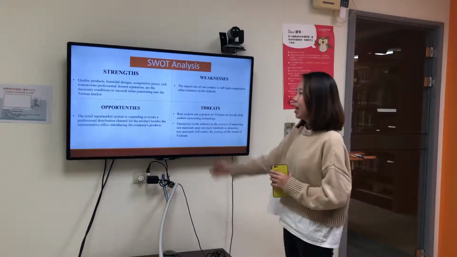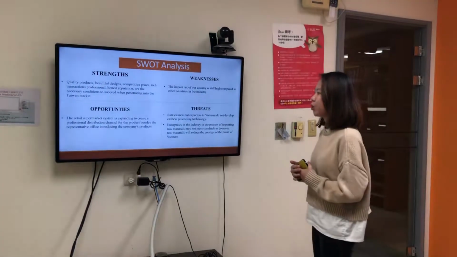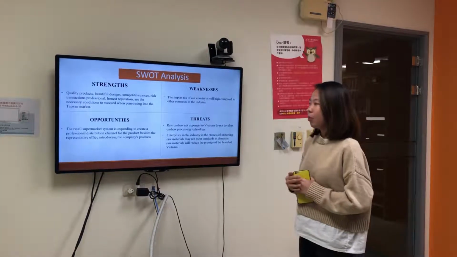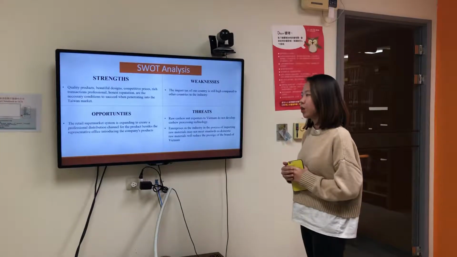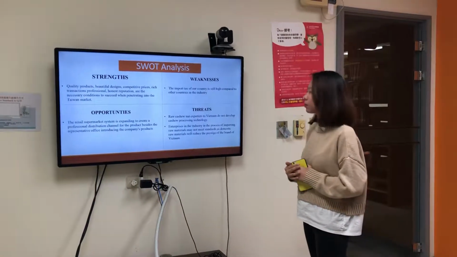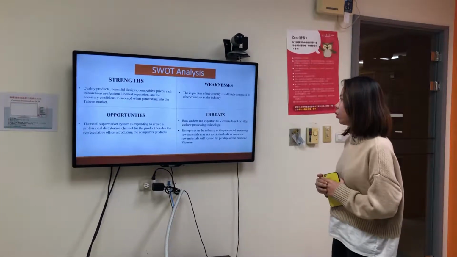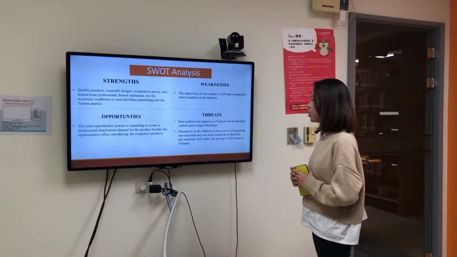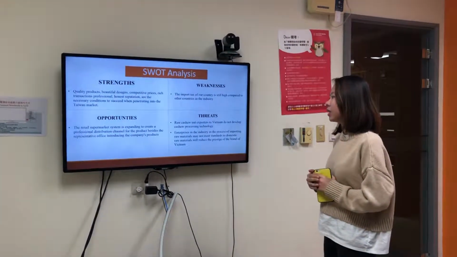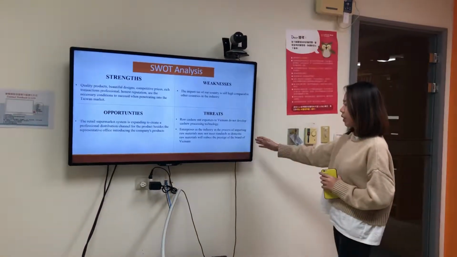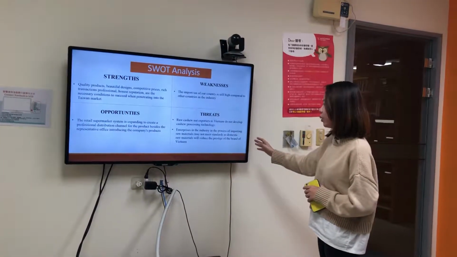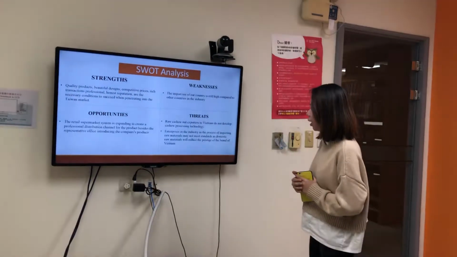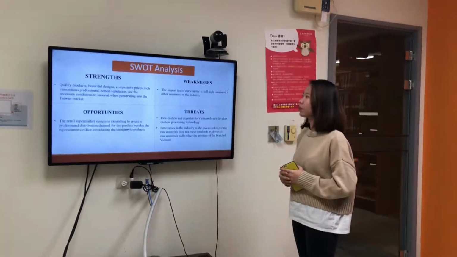About the opportunity, the retail supermarket system is expanding, creating a professional distribution channel for the product, besides representatives introducing the company's product. About the risk, raw cashew nuts are imported by Vietnamese exporters who do not develop cashew processing technology, and in the process of importing, raw material may not meet standards. And domestic raw material will reduce the price tag of the Vietnam brand.